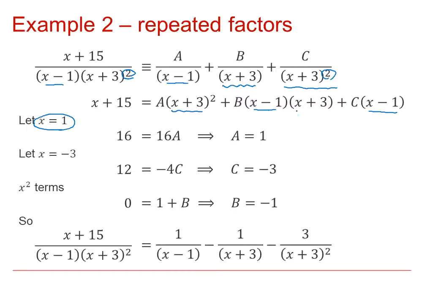Looking at these two brackets suggests x equals minus 3 would be a good method. X equals 0 would also be a good method, but just to show you that there is an alternative method, I've picked out the coefficients of x squared. There are no x squareds on the left hand side. There are a x squareds there, and a was 1, and there was bx squared there, so that gives us b.